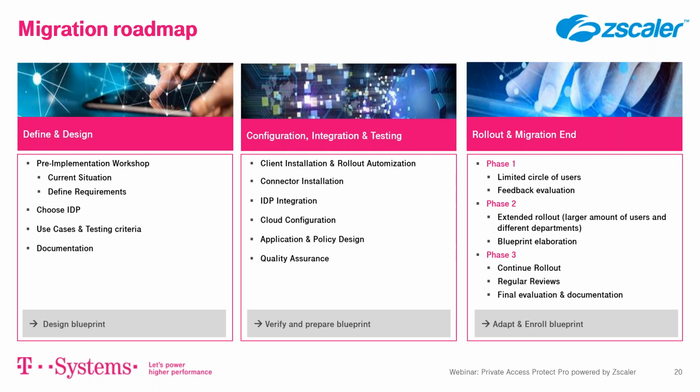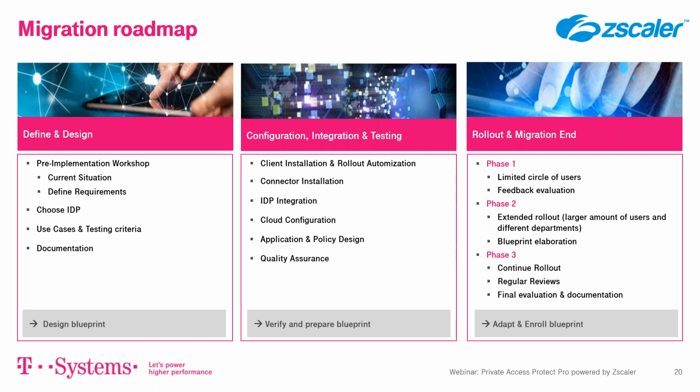And with all these steps that we take during this design phase, we also create our use cases and the testing criteria so that we can later check if we achieved all the goals that we wanted to. The target of this phase is that we have a blueprint designed that we can base our further actions on.